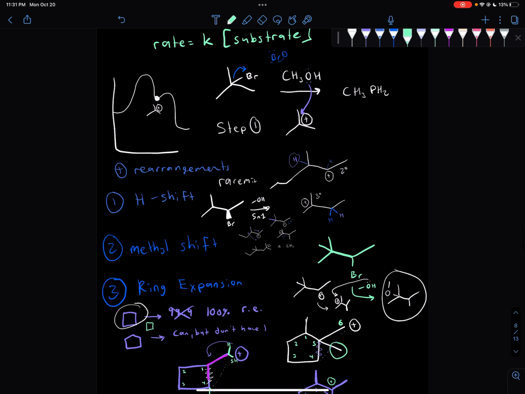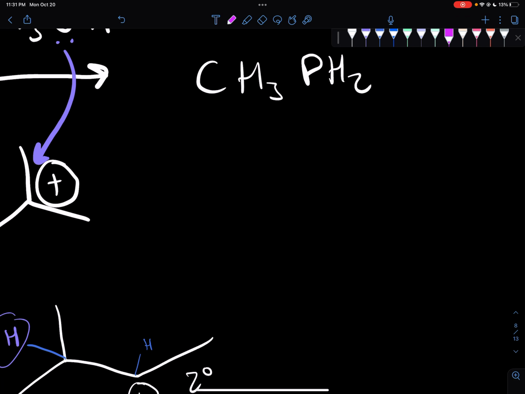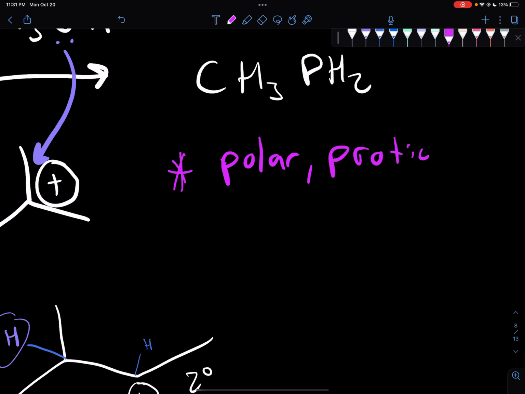One more thing I completely forgot to mention is SN1 prefers polar protic solvents. I'm just going to leave this at that, but I'm going to mention it after we talk about SN2. So just remember this, okay?